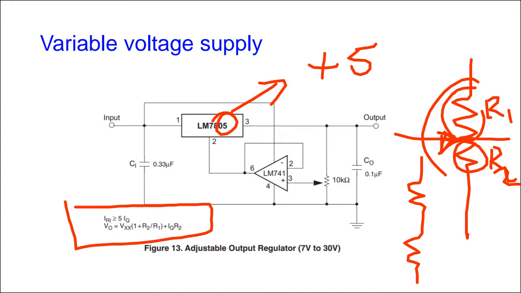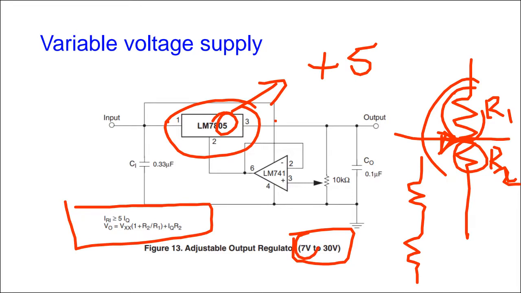So you can vary the ratio of R1 to R2 by moving the device all the way up and all the way down, right? Again, it cannot go to 0 because, even if it's powered here, these devices need a certain potential difference between the input and output. So you will never get it regulating all the way down to 0.